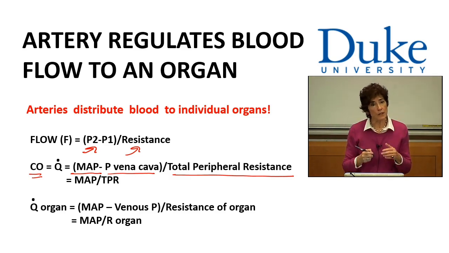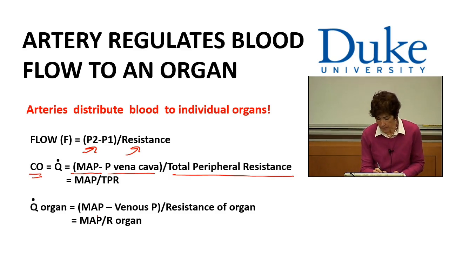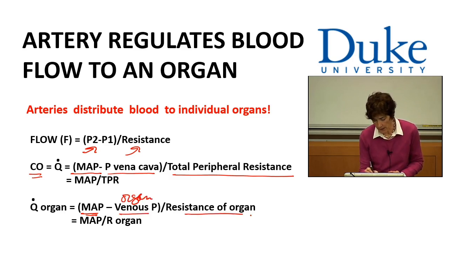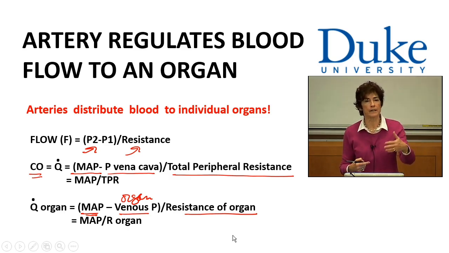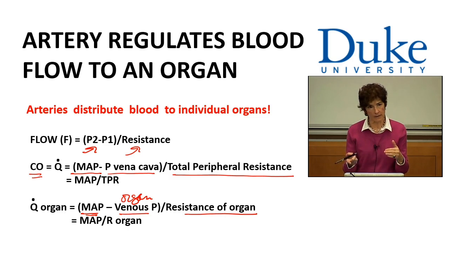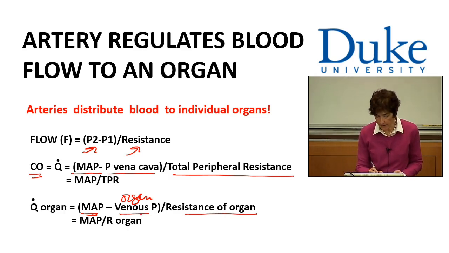Within the organ itself, it would be the mean arterial pressure minus the venous pressure of that organ divided by the resistance of that organ. In both the case of the entire systemic circulation as well as the organ, the venous pressure is very low compared to the mean arterial pressure, so it's considered to be essentially zero.